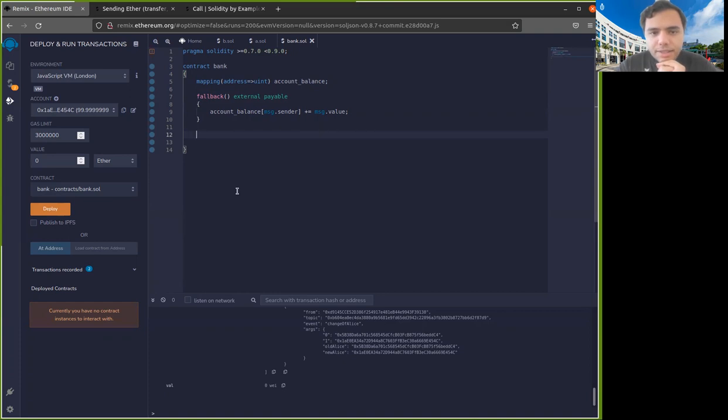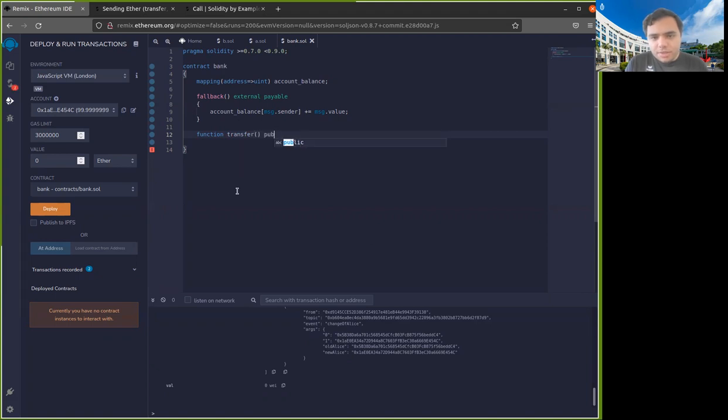Now, the next thing that I want to implement is letting people transfer money inside this contract. So suppose that Alice wants to send some money to Bob. I want Alice to be able to just call this contract and send the money. So let's say I have a function and I can call this one transfer.